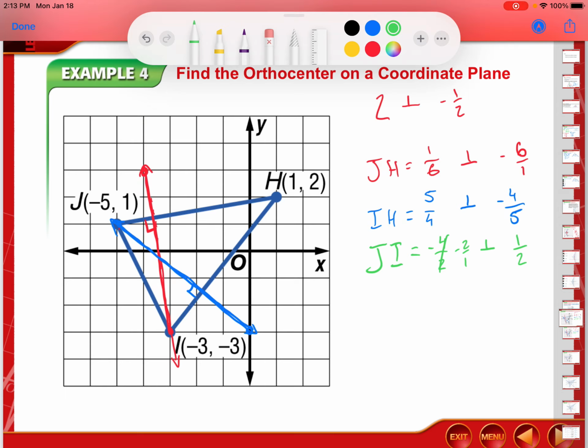So from H, we're going to go up 1, right 2, or down 1, left 2. And we're going to connect those. And we have a nice 90-degree angle there. So our orthocenter is somewhere over in here, which is just going to be a messy area.